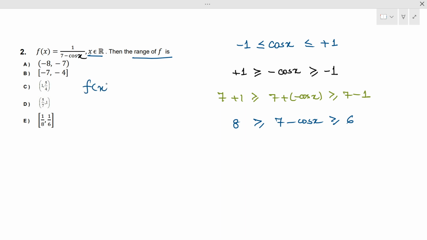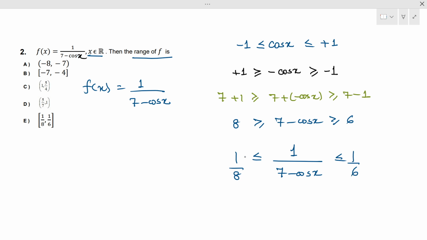So f(x) is 1 by (7 minus cos x). Now if I reciprocate it, we all know that the sign of the inequality will change, and this will also be reciprocated. So now, this is the f(x).